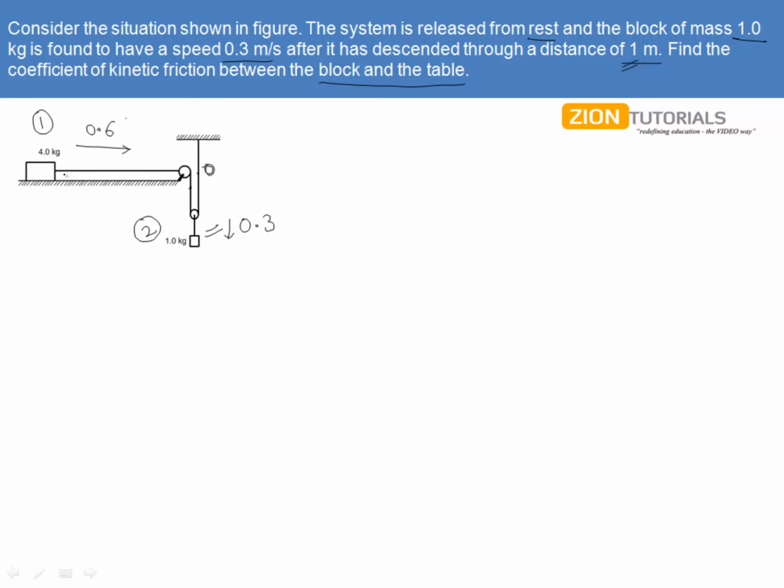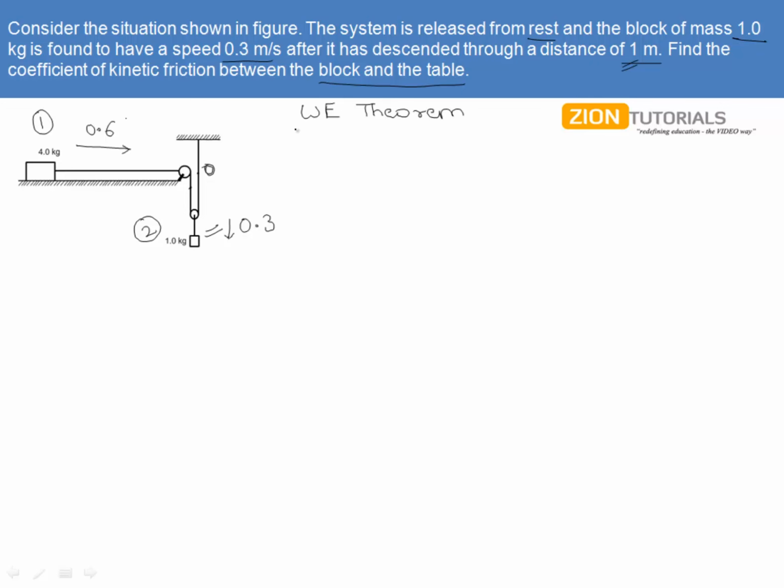We can also find out the work done on this block in terms of mu, which we need to find out. So it is quite clear that we can apply the work energy theorem over here, because velocities are also given. This gives us the idea that we should employ the work energy theorem for this question.